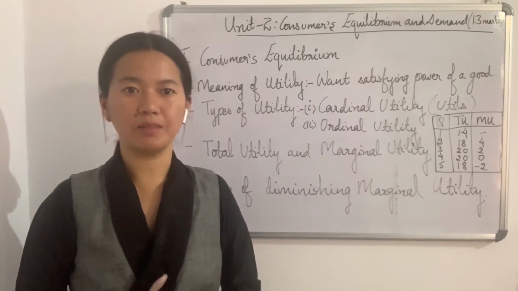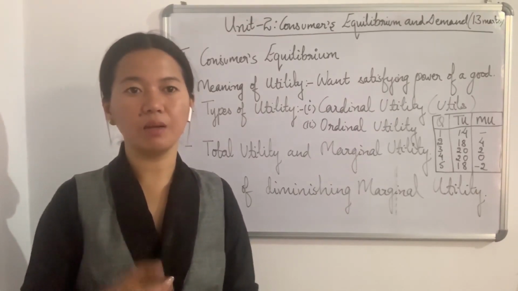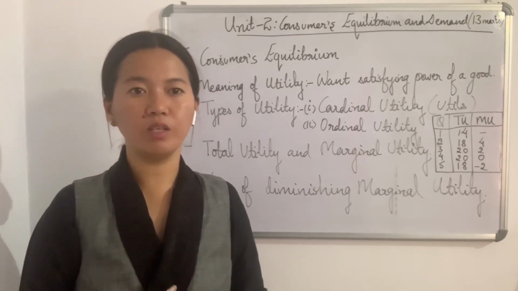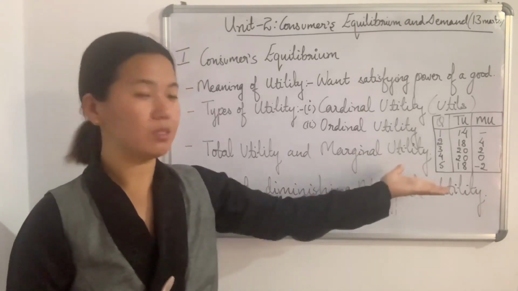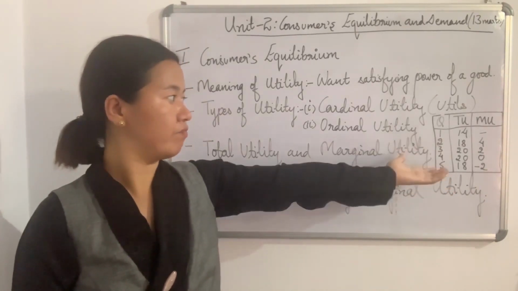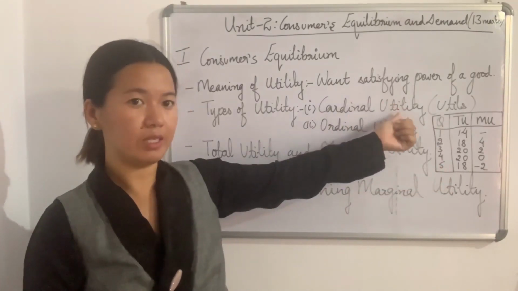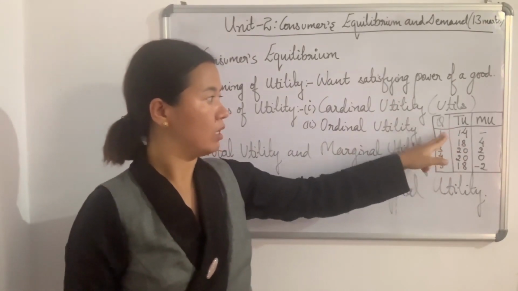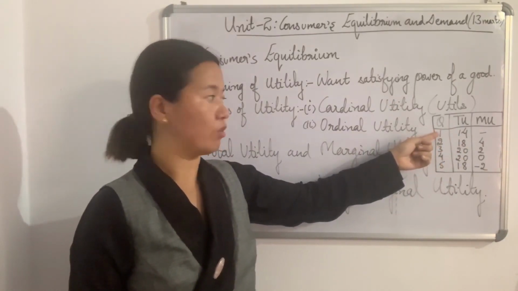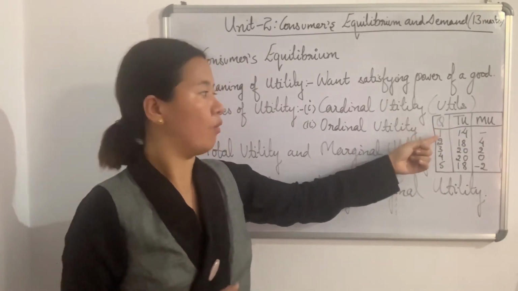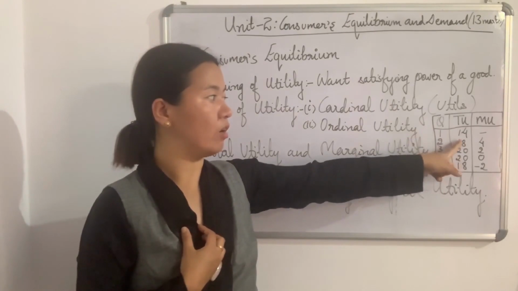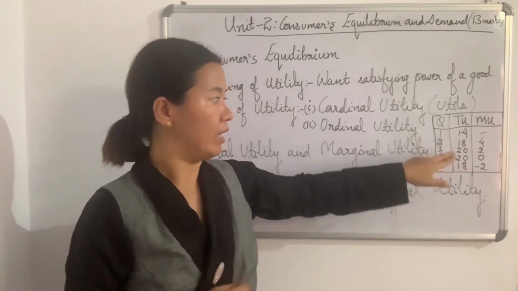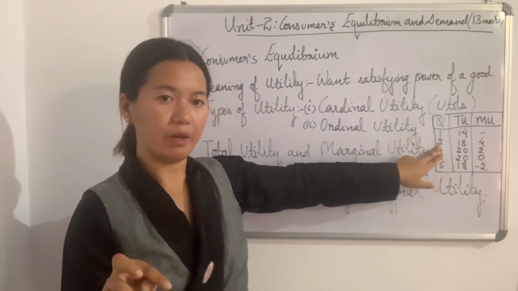Next, we will learn the relation between total utility and marginal utility. And first, let us understand its meaning. Total utility means the sum of satisfaction or sum of utility derived by consuming all the units of the commodity. For example, in this small table, this utility is cardinal utility, as it is measured in terms of numbers. When consuming the first unit of a commodity, for example an apple, I got 14 units of satisfaction, or 14 utils.